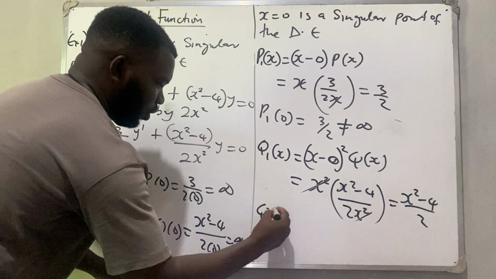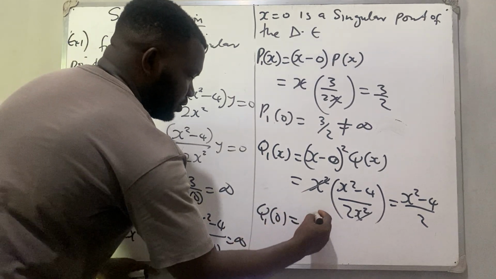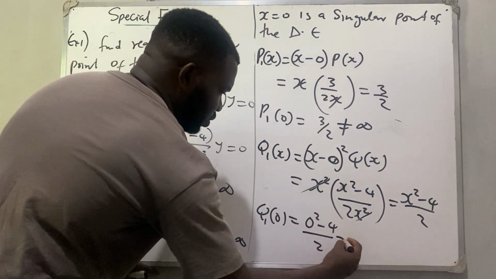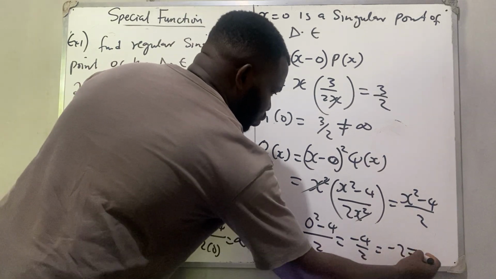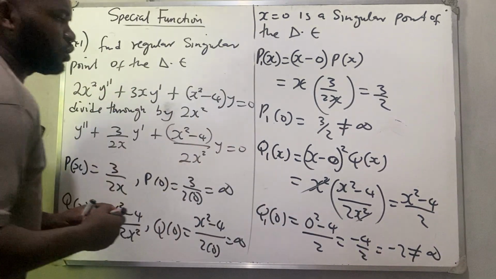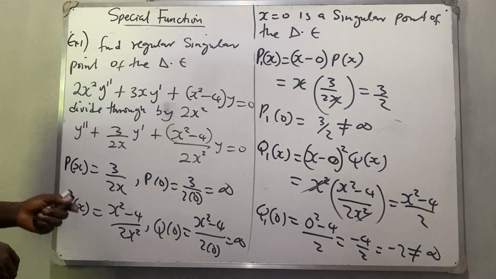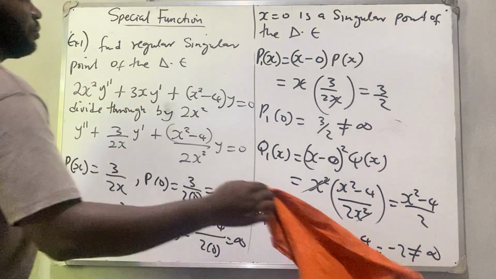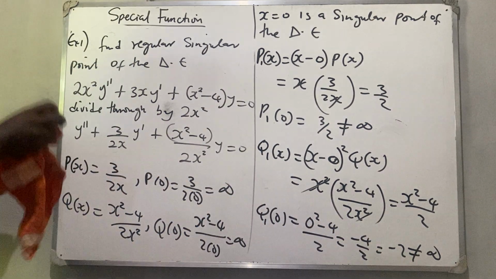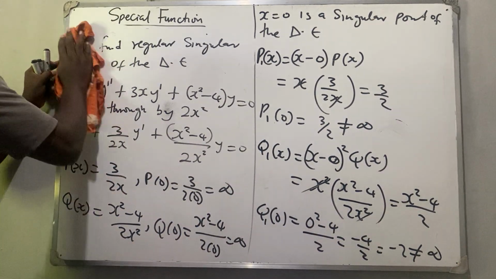So q1 of that same point 0 will give you 0 squared minus 4 all over 2, which is giving me minus 4 over 2, which is minus 2. And minus 2 is not equal to infinity. So therefore, x equal to 0 is a regular singular point of the differential equation. So write it for me: x equal to 0 is a regular singular point of this differential equation.